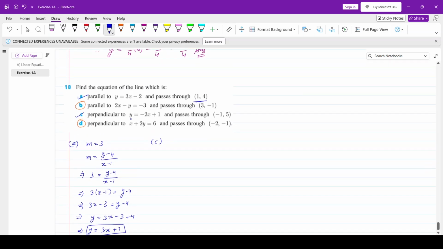Can we say from this equation, let's call it line 1, so the gradient will be m1. Can we say m1 is minus 2? And for the second line, can we say m2 will be minus 1 divided by m1, because m2 is perpendicular to m1.